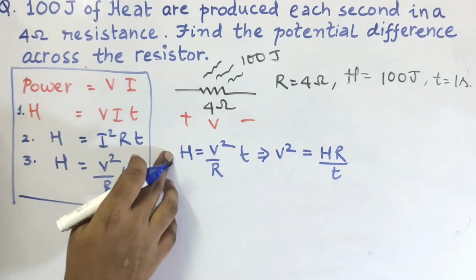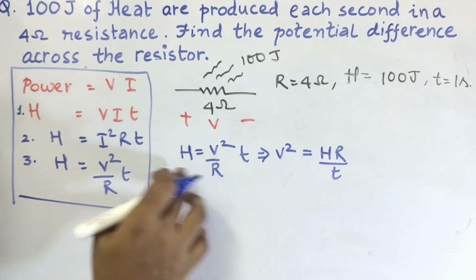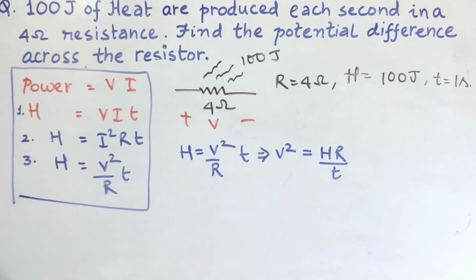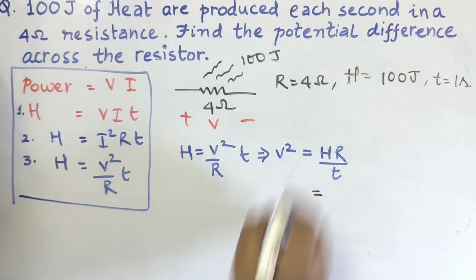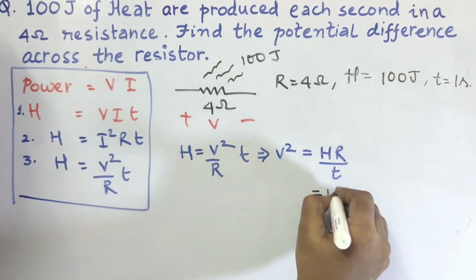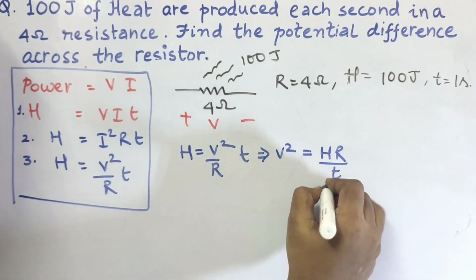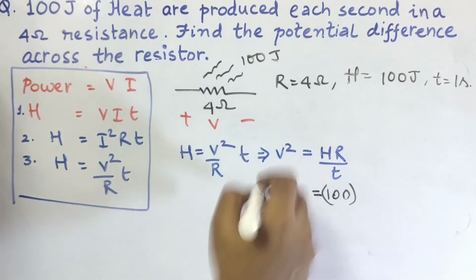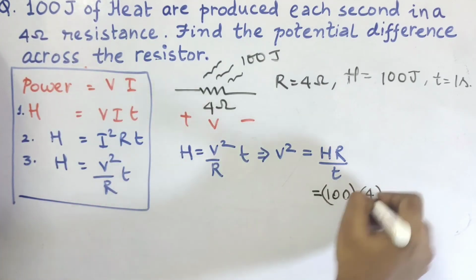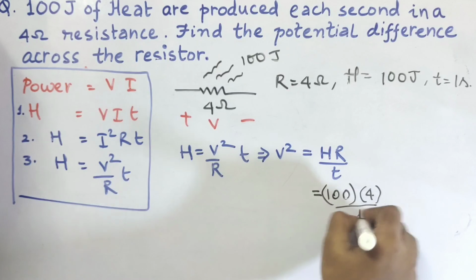So V square is equal to HR by T. Let's put the values. H is equal to 100, R is equal to 4, time is equal to 1.